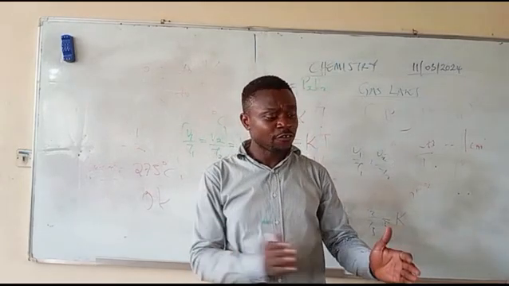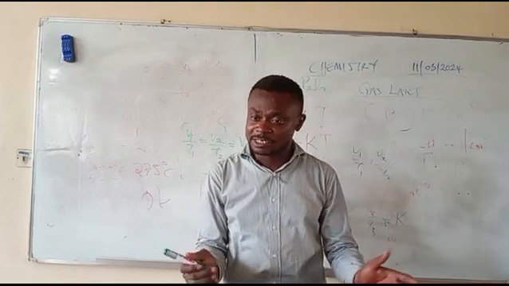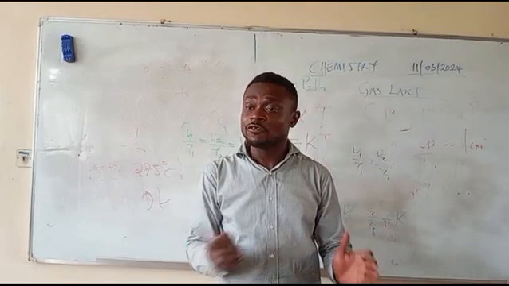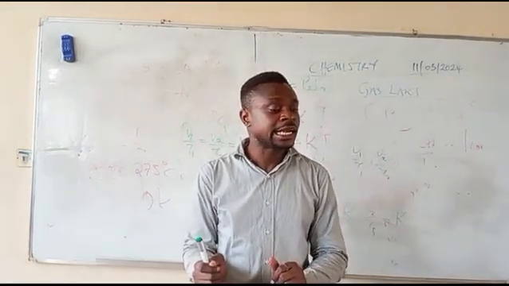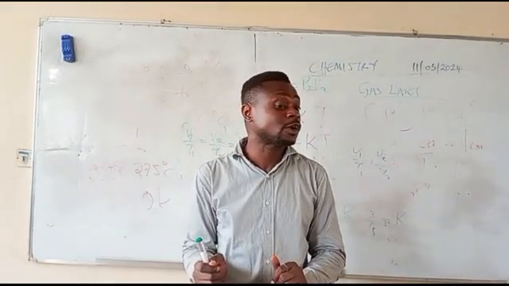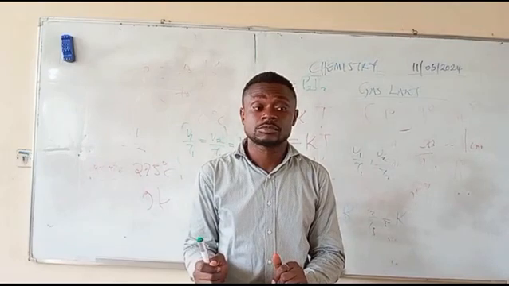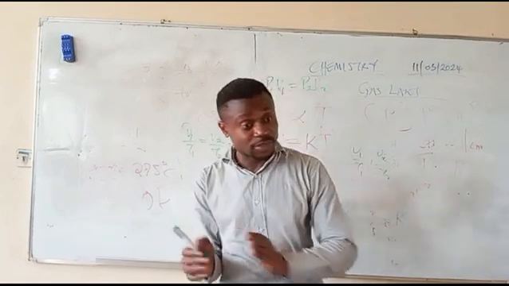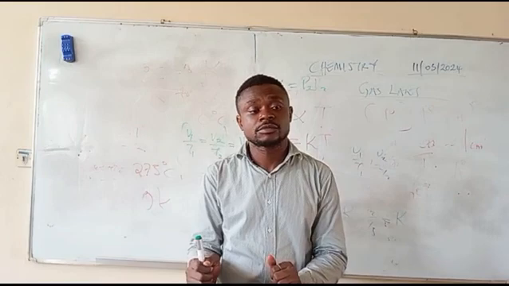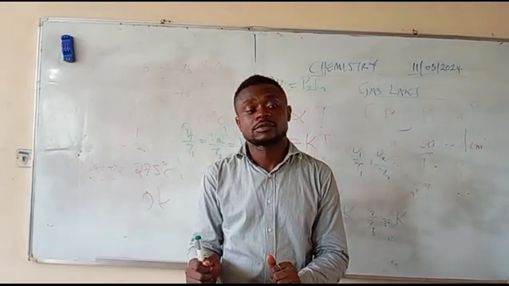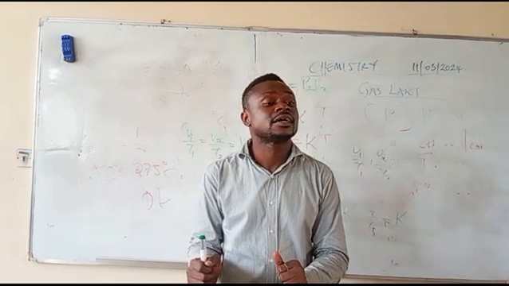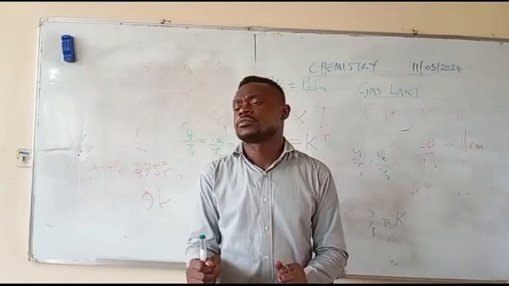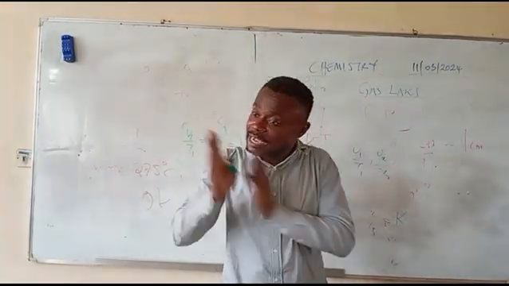We are moving from Kelvin to degrees Celsius. What are you going to do? Kelvin to degrees Celsius. So we subtract 273 from the Kelvin and get your degrees Celsius.